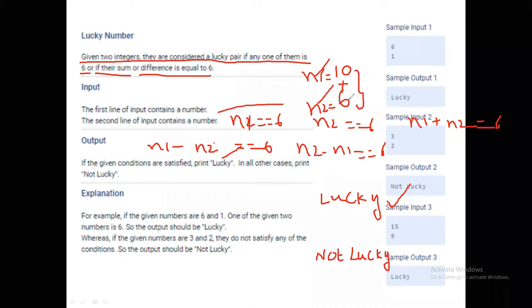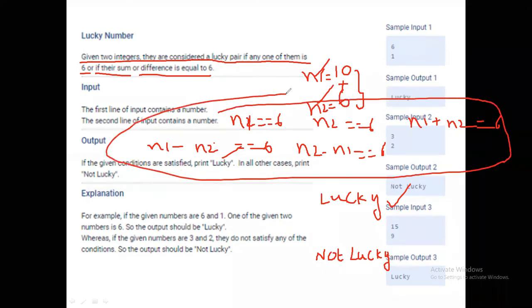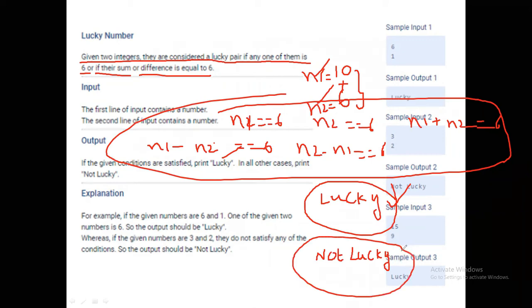If any one of these statements is true, n1 equals 6, or n2 equals 6, or n1 plus n2 equals 6, or n1 minus n2 equals 6, or n2 minus n1 equals 6, then we say that it's a lucky pair. In all other cases, we say that it's not lucky. Okay, so now we write the program for this.